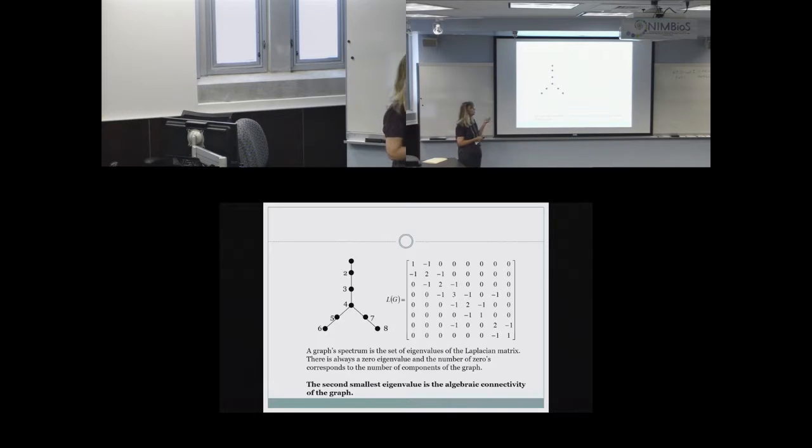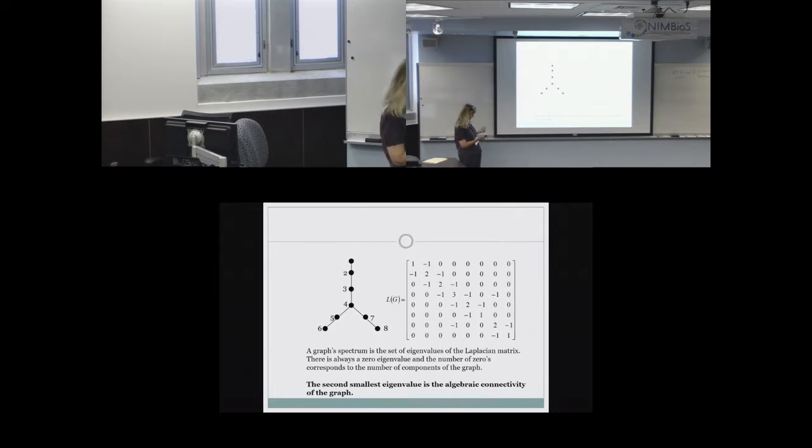So the algebraic connectivity of a graph is different than the combinatorial connectivity of a graph. Do you know what the definition of the combinatorial connectivity of a graph is? Anybody? It's either maximum or minimum something, isn't it? It's the minimum number of vertices that you can remove to disconnect the graph.